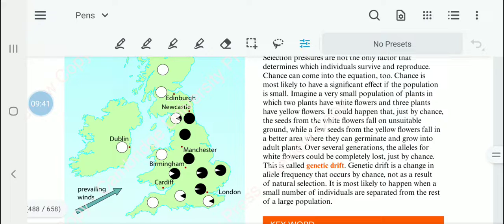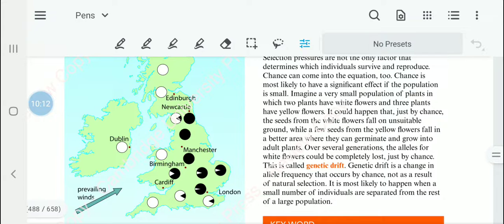So there would be more yellow plants, and the white flowers will be completely lost. This happens due to chance. It has nothing to do with any mutation or the forces that we spoke about earlier, but it happens because of chance, and this is called genetic drift.